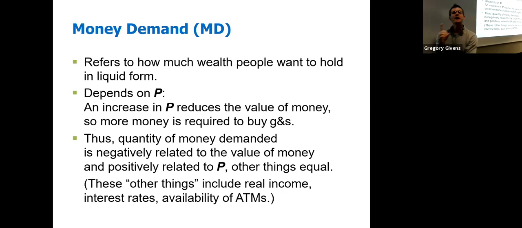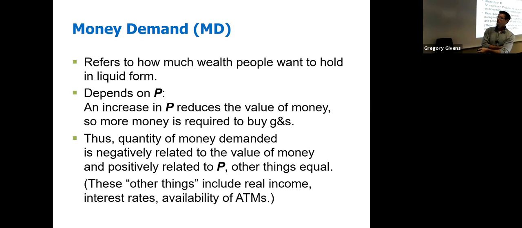So money is an asset that earns zero nominal interest. It's a non-interest bearing asset, right? So as interest rates rise, the opportunity cost of holding your wealth in the form of money goes up. You're losing out on the opportunity to save in the form of an asset that earns a higher rate of return.